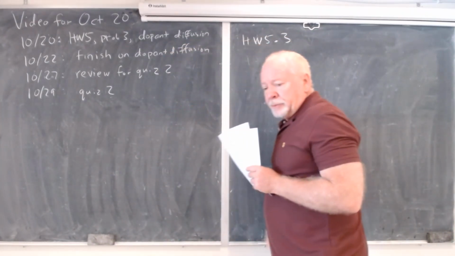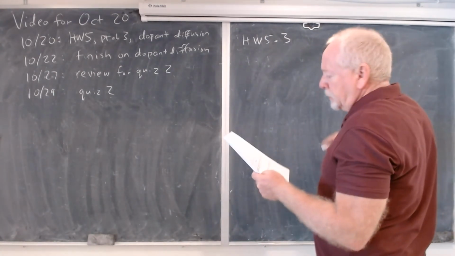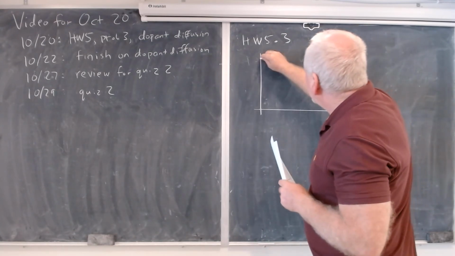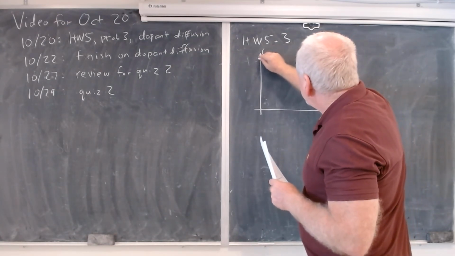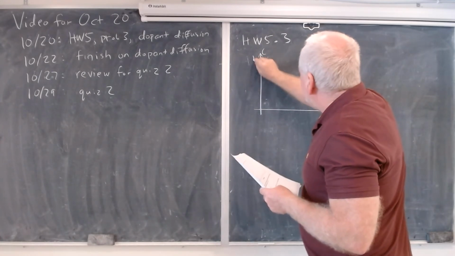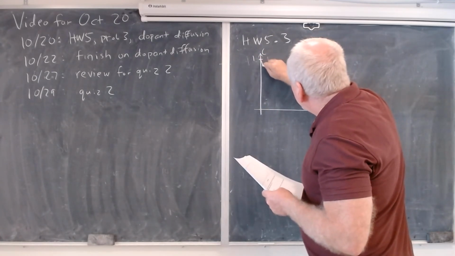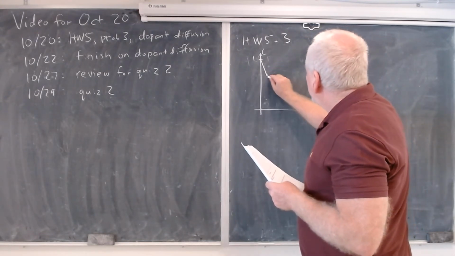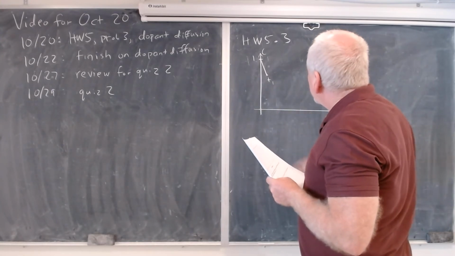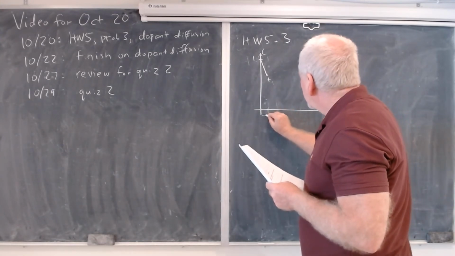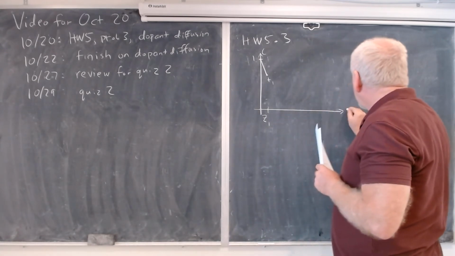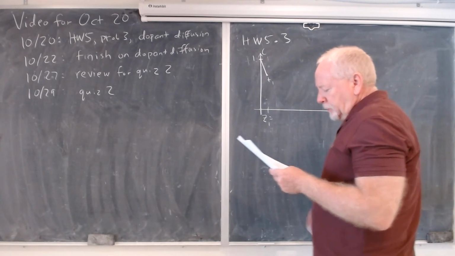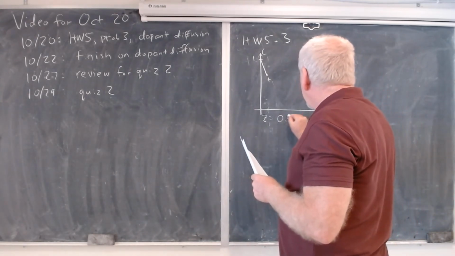I'm not going to put the projector up, but basically I gave you a plot of the concentration. It's 1 in some arbitrary units, and at T1, Z, capital Z1, you can read it off the chart, is equal to 0.5 microns.